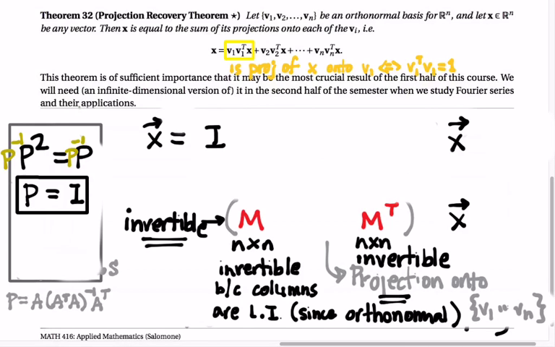Philosophically, why we like this, and this is something that hopefully will become apparent after the spring break when we start to get into the more intricate examples, is that it's often much easier to understand the individual building block projections one at a time, and then have some reassurance that if I find each one of those individual building blocks and add them all together, then I'm going to get my big picture back. So it's a means of recovering a complicated object as the sum of a bunch of hopefully simple little objects.